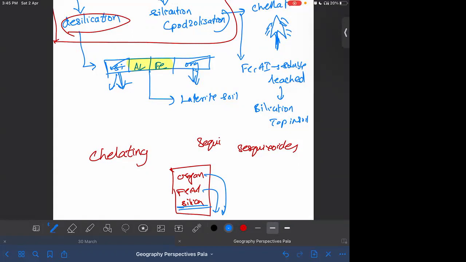Due to this high silica content, the soil becomes whitish or ash gray in color. Such soils are called podsol soils, and the process is known as podsolization.